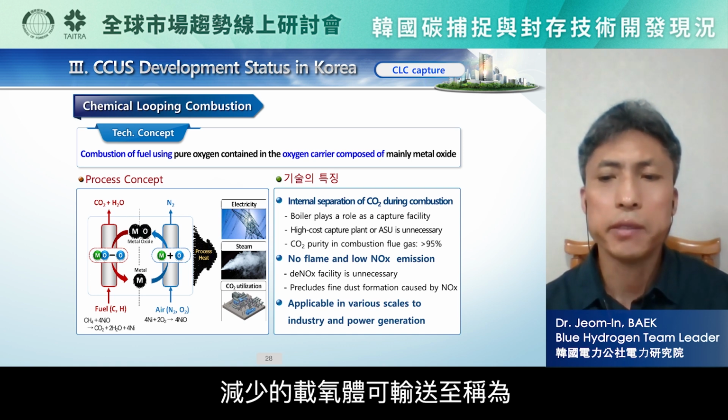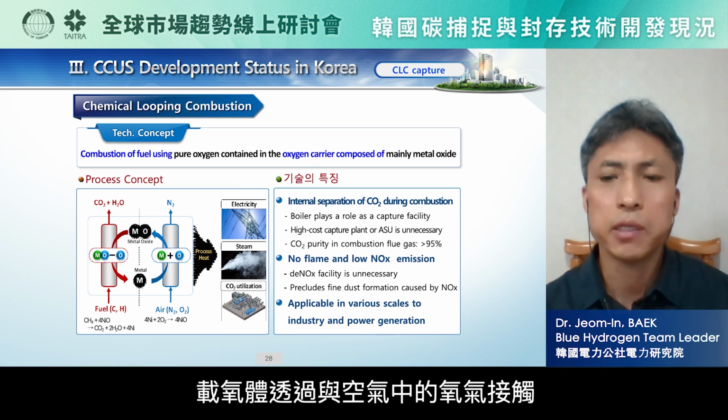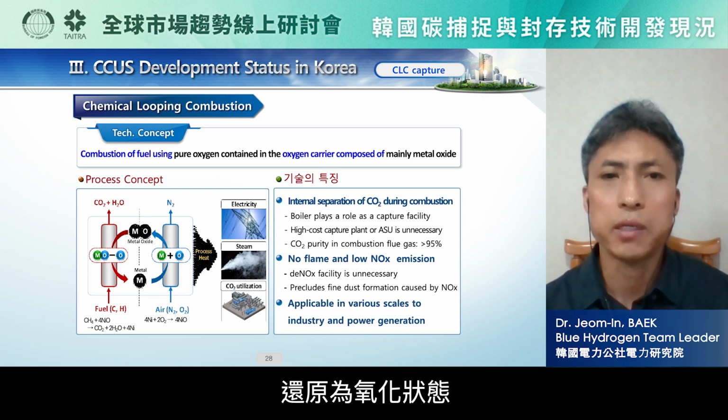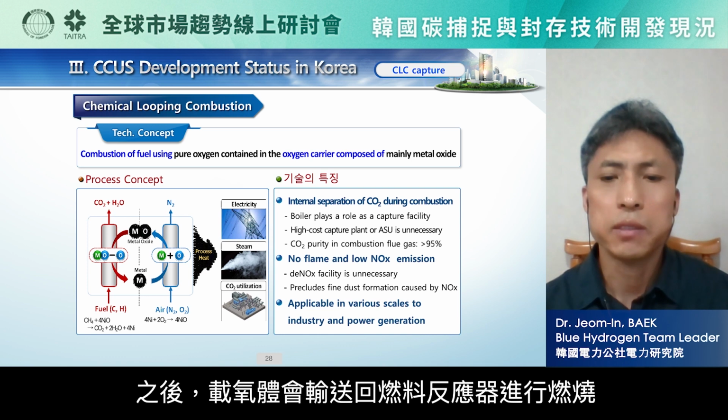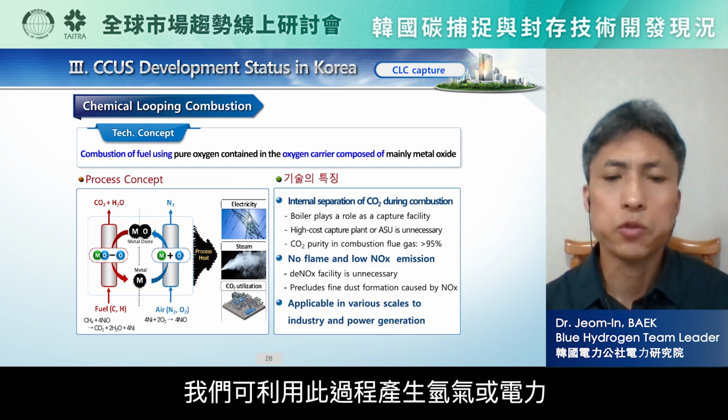The reduced oxygen carrier is sent to connected reactor called the air reactor for regeneration. In the air reactor, oxygen carrier contacts with air and is regenerated to oxidation state by receiving oxygen from air, and is sent again to fuel reactor for fuel combustion. Using the process heat, we can produce steam or electricity.